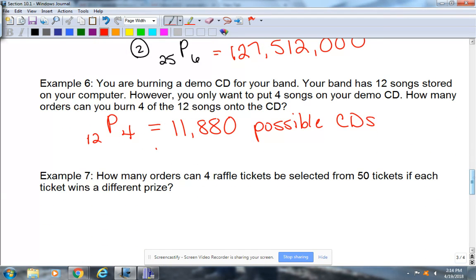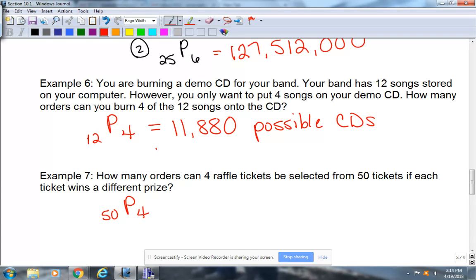Here we go. How many orders can 4 raffle tickets be selected from 50 tickets if each ticket wins a different prize? So it matters who gets what prize, right? Yes. So it's 50P4.